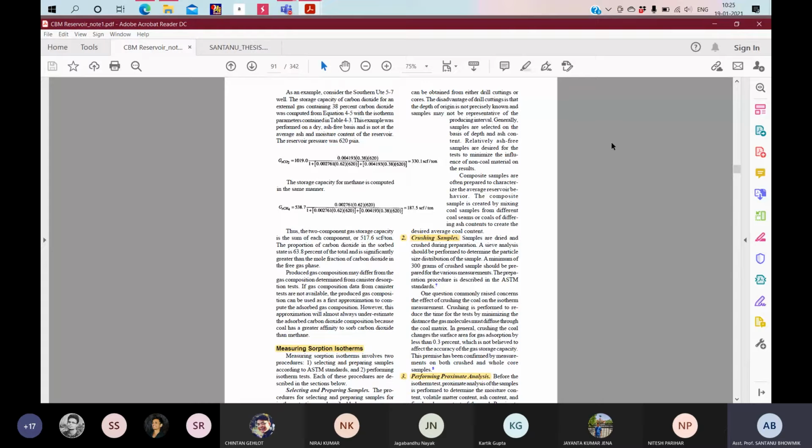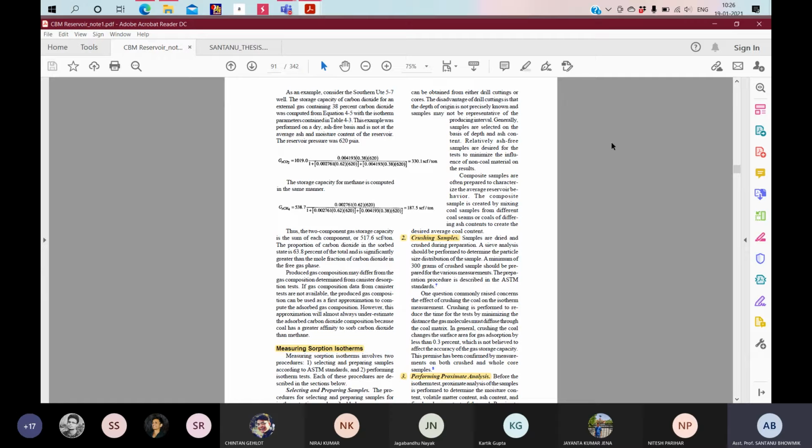Obviously when you take a sample from the inside, its temperature goes down, and you know that temperature also governs the sorption capacity. When you take out the sample, if you do not wrap it up, its moisture will also escape, so whatever result you get for the moisture will be erroneous, and it will also give you wrong data for the gas sorption capacity.